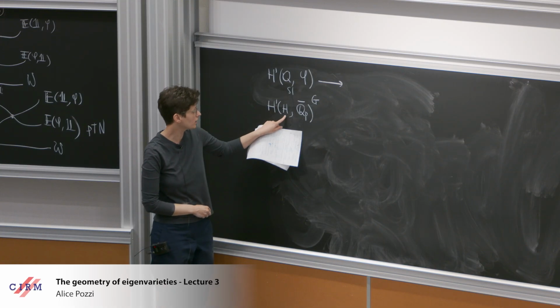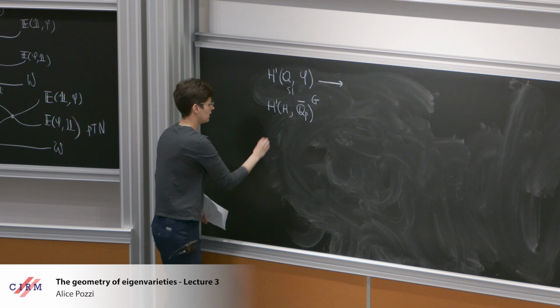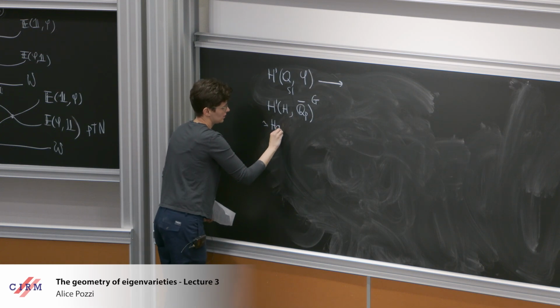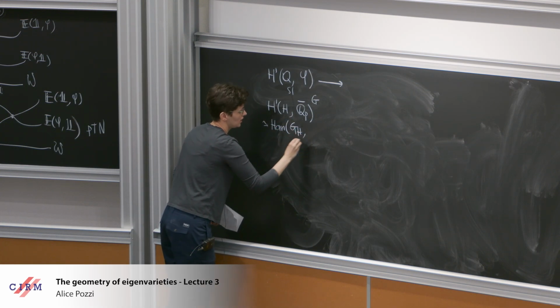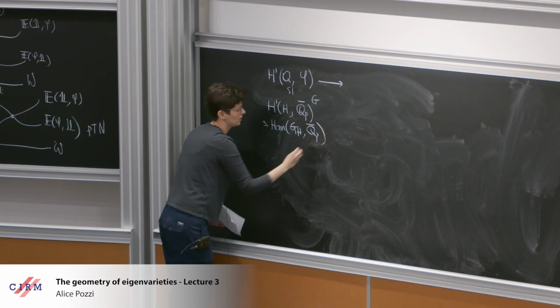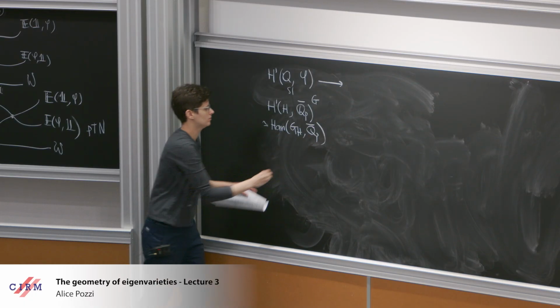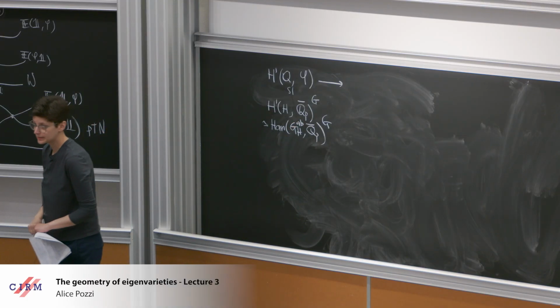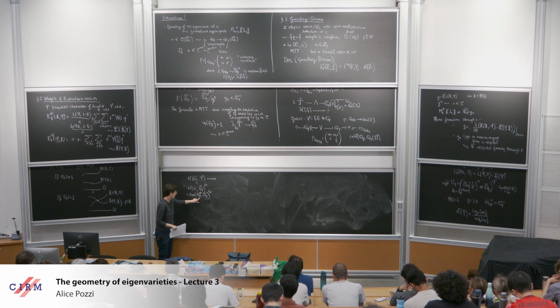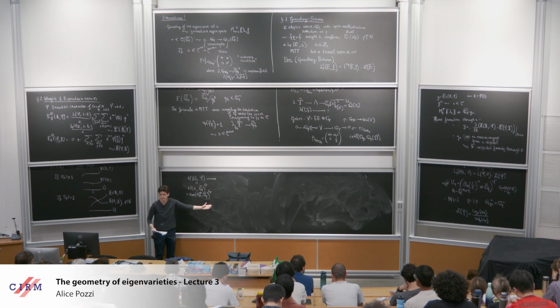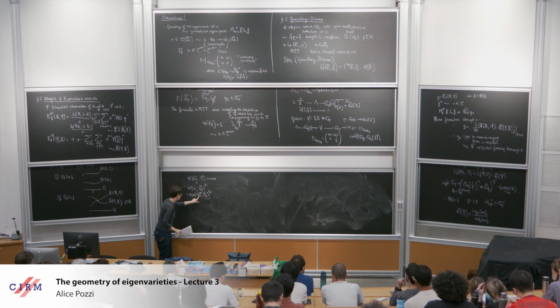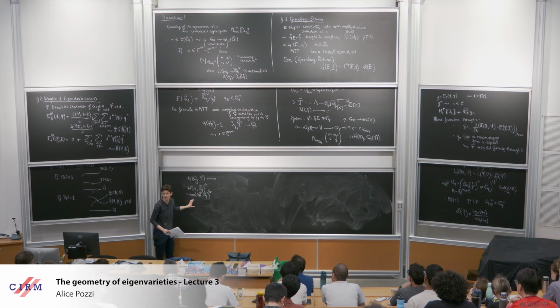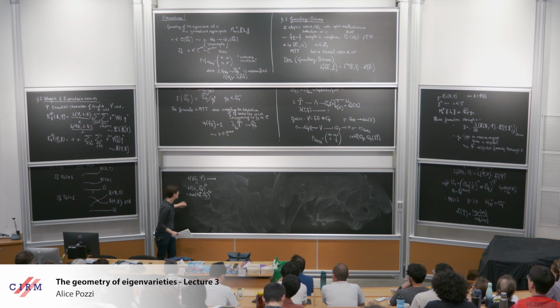So this H^1(H, Q_p bar) is Hom of G_H, Q_p bar. But of course, this factors through the abelianization of that. And now H, crucially, is a number field, because we started with a finite order character. So I can interpret this in terms of class field theory.